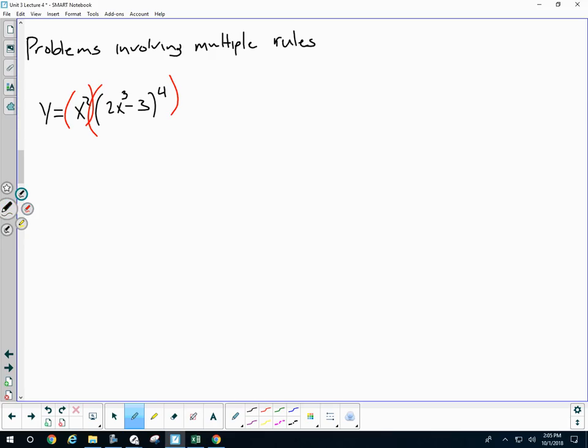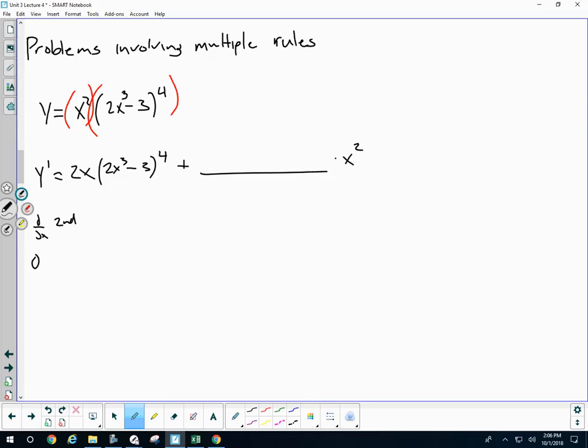So let's see what this would look like. The derivative of the first times the second plus the derivative of the second, I'm just going to leave some space. I'll get back to that. Times the first. Let's go ahead and now find the derivative of the second piece.